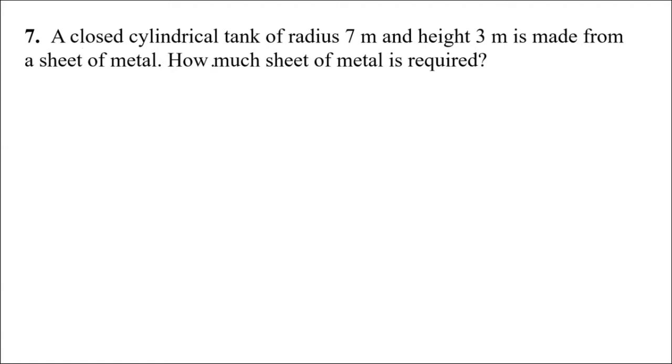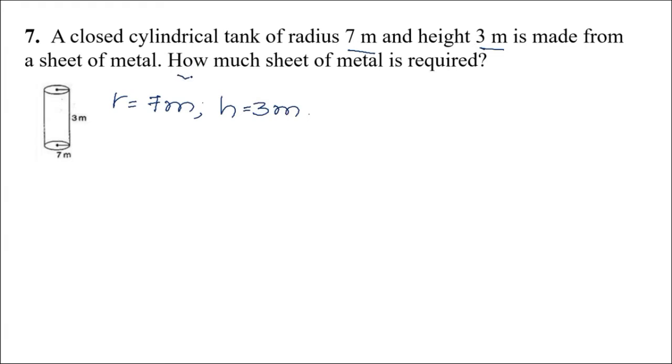A closed cylindrical tank of radius 7 meter and height 3 meter is made from a sheet of metal. How much sheet of metal is required? Here, as per the given question, the radius is 7 meter and the height of the tank is 3 meter.